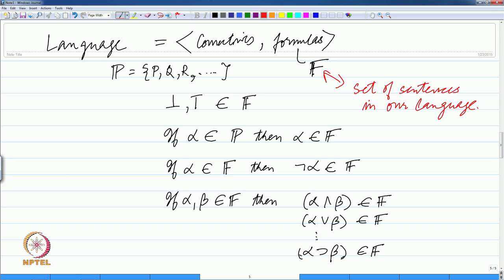And we are interested in knowing which of these sentences are true and which of the sentences are false. Okay.